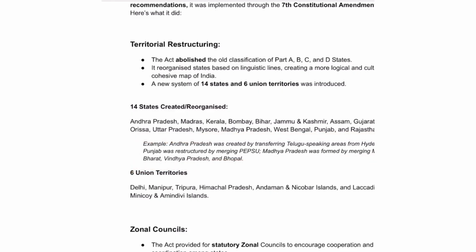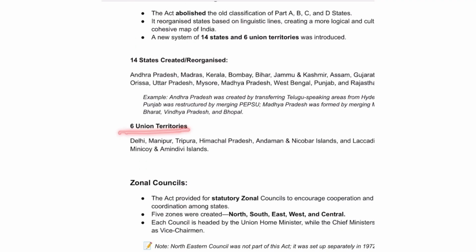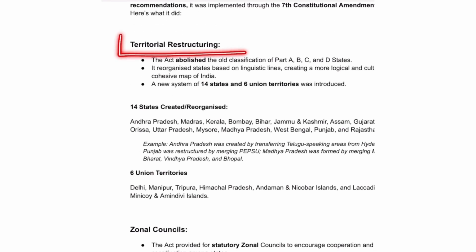So for the basis of linguistic, all the parts of the land were merged to form new states. And there were 6 new union territories: Delhi, Manipur, Tripura, Himachal Pradesh, Andaman and Nicobar Islands, the Lakshadweep and Minicoy and Amindevi Islands. Okay. So firstly, there was the territorial restructuring.